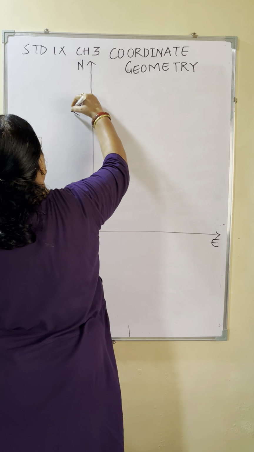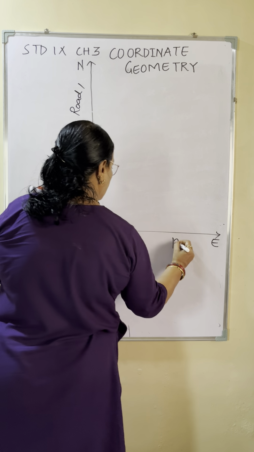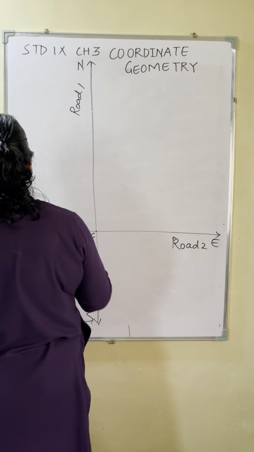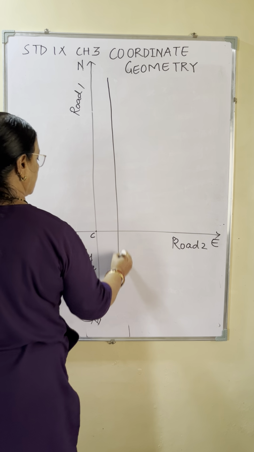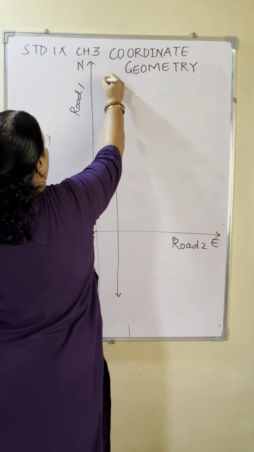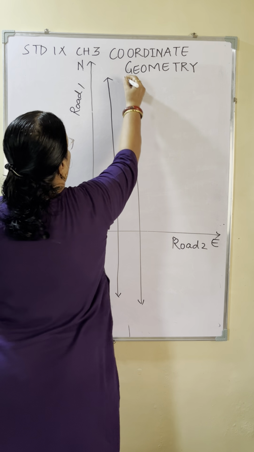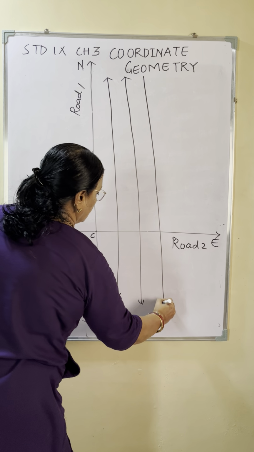This is road 1. This is road 2. Okay? 5 here, 5 here. 1, 2, 3.